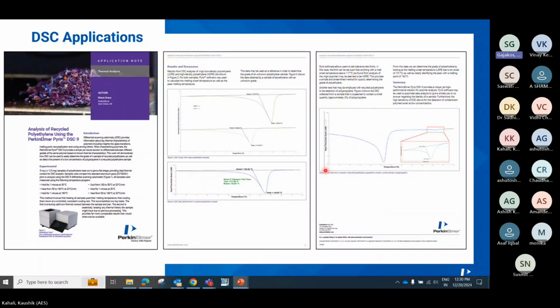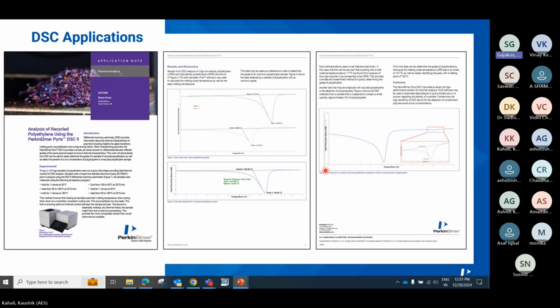Most of the plastic we use in day-to-day life is LDPE or HDPE. LDPE is low density polyethylene and HDPE is high density polyethylene. How do we differentiate between these two plastics, because a lot of plastic coming from recycling can be a mixture of both, and there might be another polymer also.